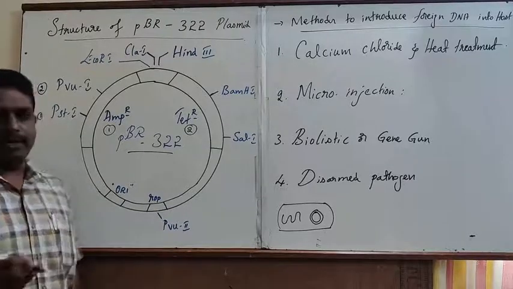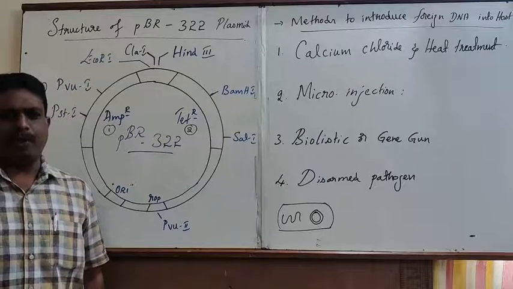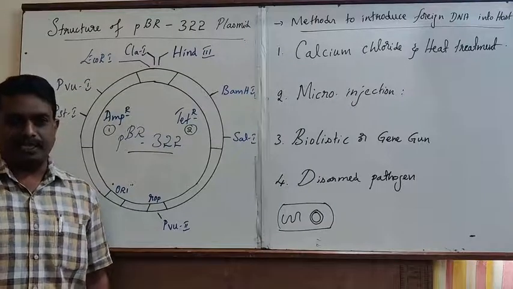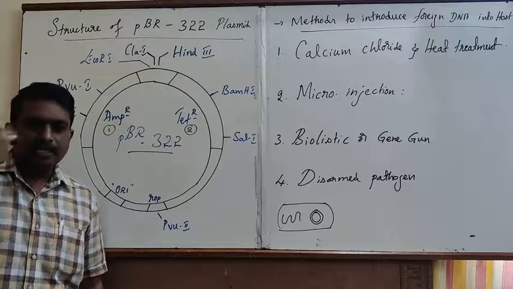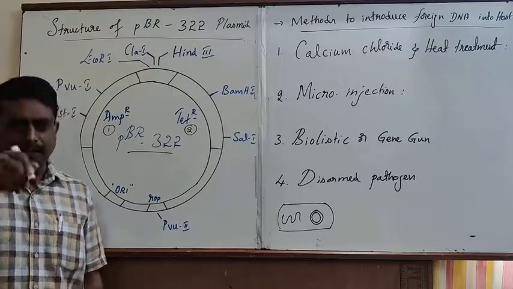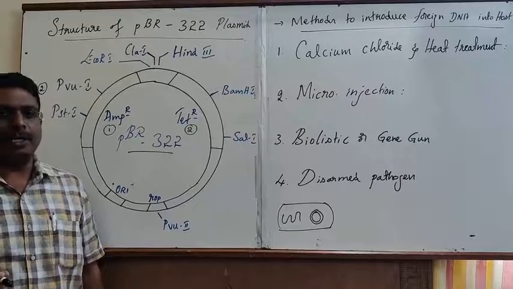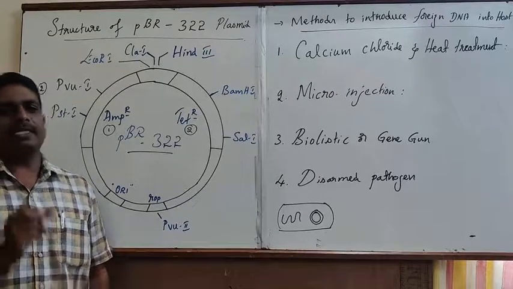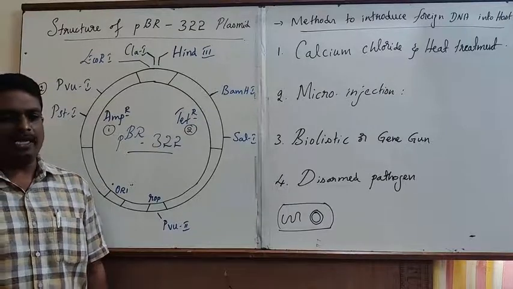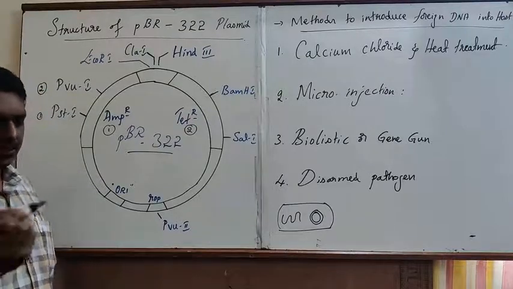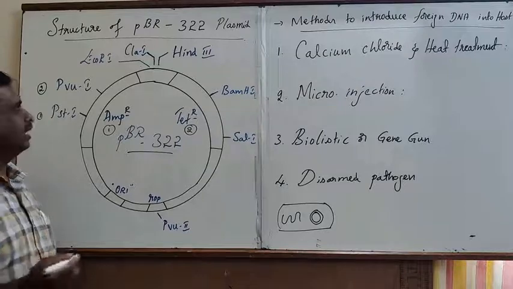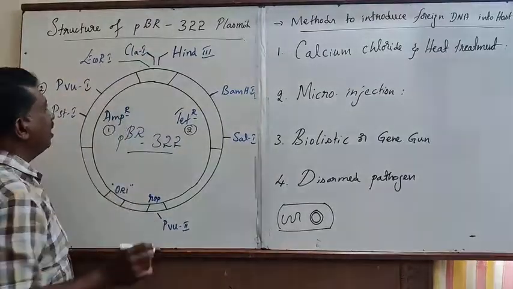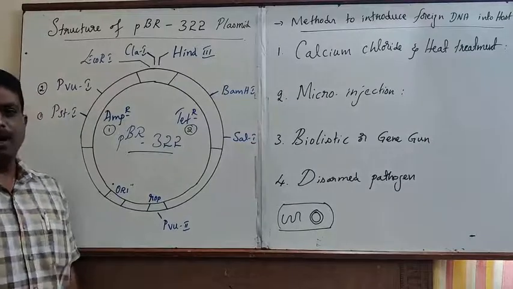If you observe the 7 important restriction sites, they are the unique sites in which you can find the presence of restriction endonuclease recognition sites for the action of several types of restriction endonuclease enzymes, namely EcoRI.